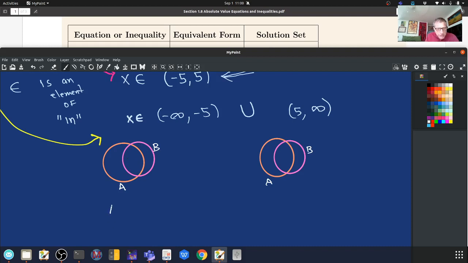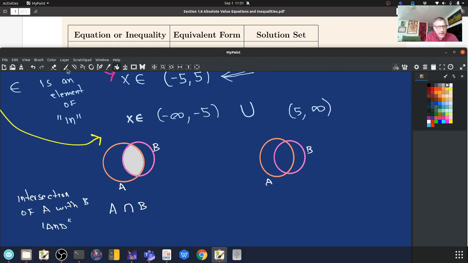So the intersection of A and B is denoted this way, and this means intersection of A with B, although sometimes they'll say A and B. It is simply every element that is in A and in B. So the key word here is and. Visually, that is denoted by this area right here.